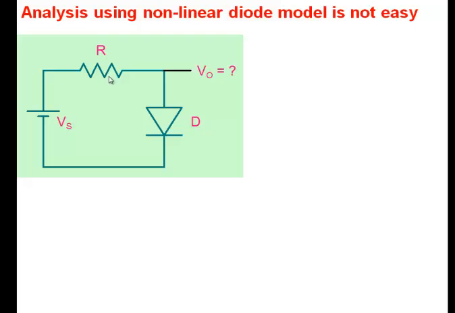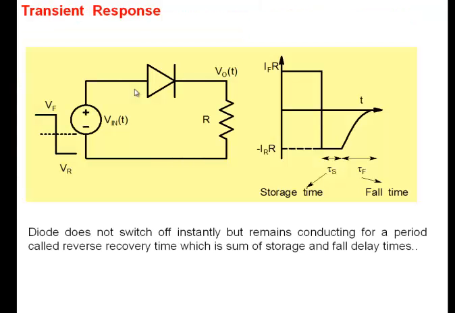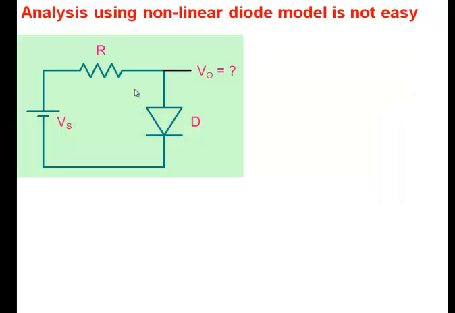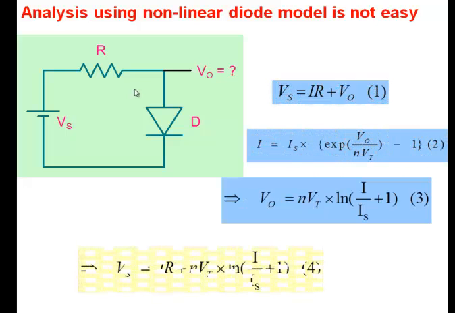So the next thing is, we have now seen what a model looks like, and we know the model that we have is accurate, but it's not suitable for circuit analysis. Why? Because if I use an exponential diode model here, I end up getting a nonlinear equation, and solving a nonlinear equation is difficult, right?